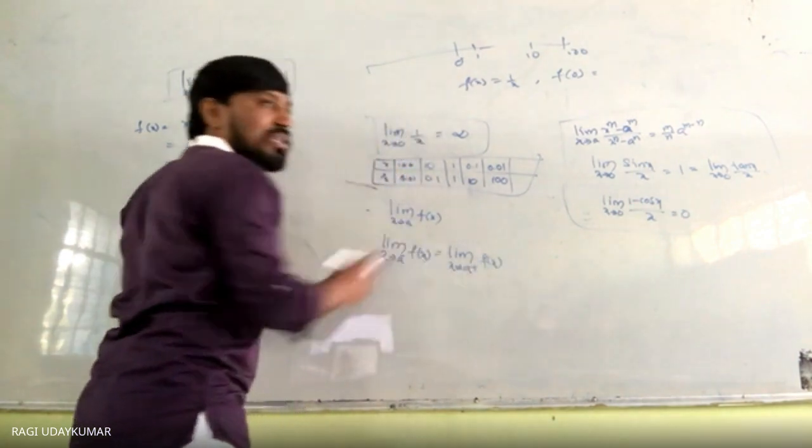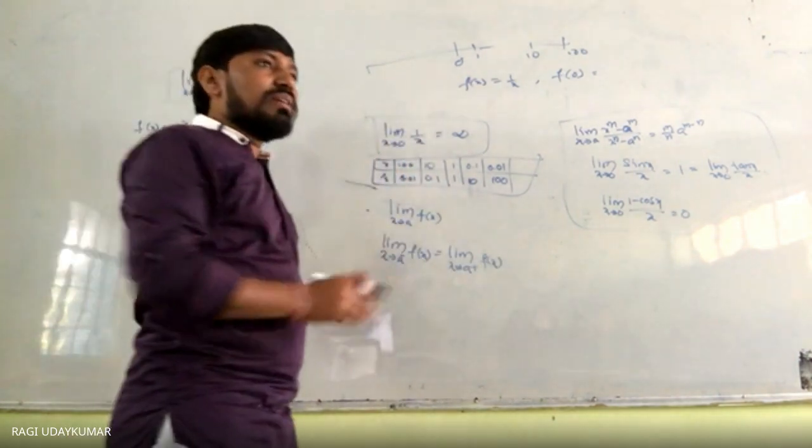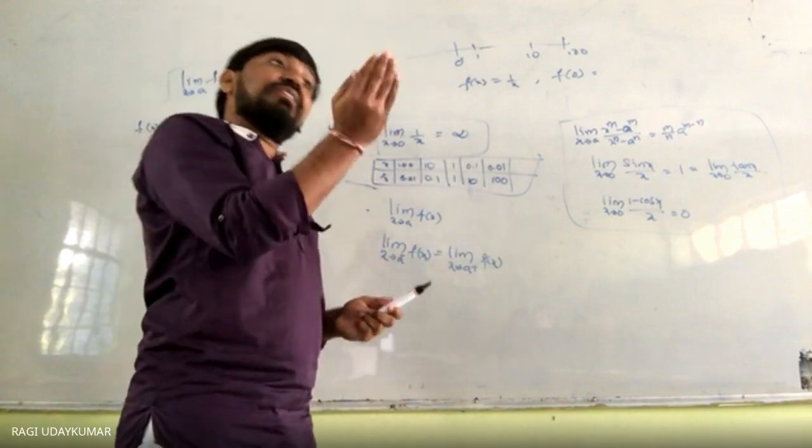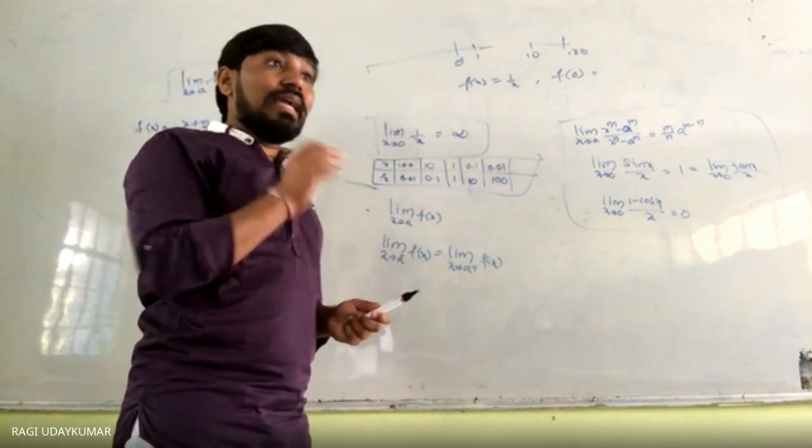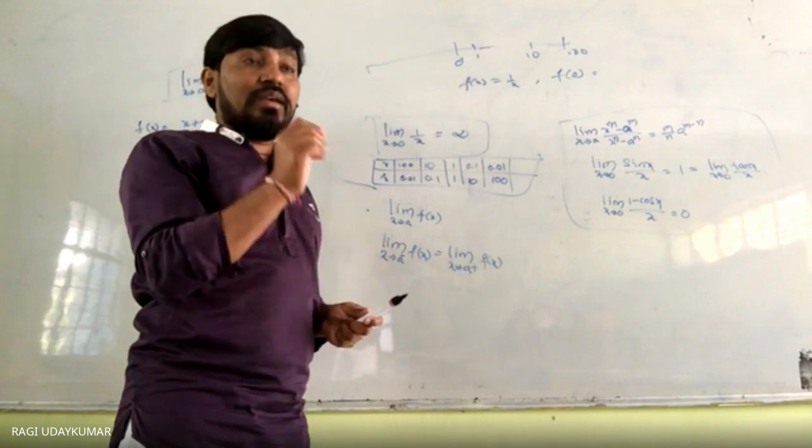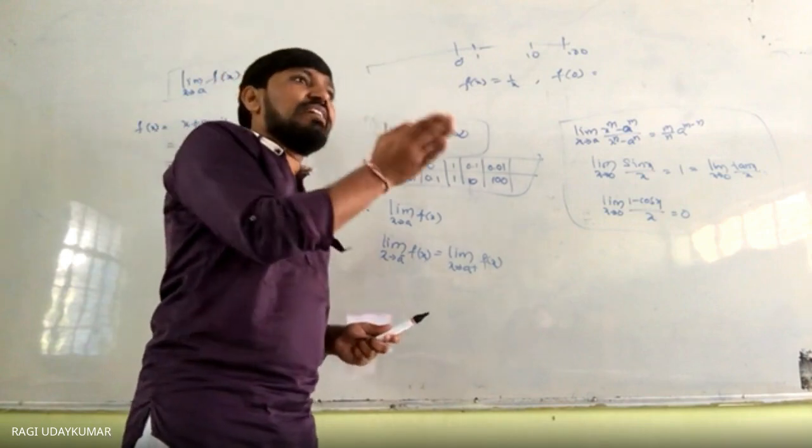What are a minus and a plus? A minus is near to a but on the left side of a.